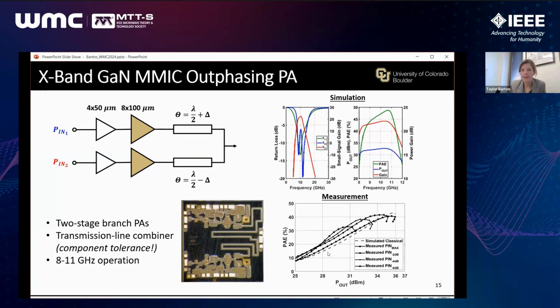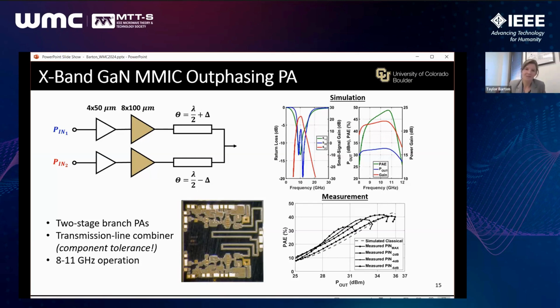And what you see in the dashed line is just the regular drive, where we sweep input power. What we see is up to about 10 points of efficiency improvement at back-off by doing load modulation instead of classical operation, although I will comment that this is a simulated result, so we don't have a direct measurement comparison.